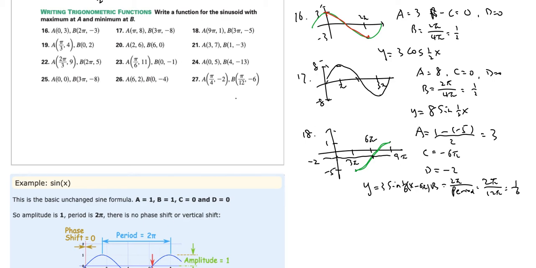The whole thing actually ran out of space. Let me write it again, in case you're confused. So y equals 3 sine of 1 over 6 x minus 6 pi, and the whole thing minus, sorry, minus 2. Right. So that's question 18.